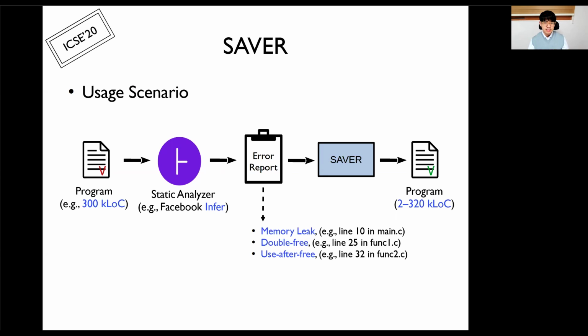For example, this static analyzer Infer reports a possible memory leak at line 10 in the main function of the program. And then Saber aims to generate safe patches by using this error report and the program.